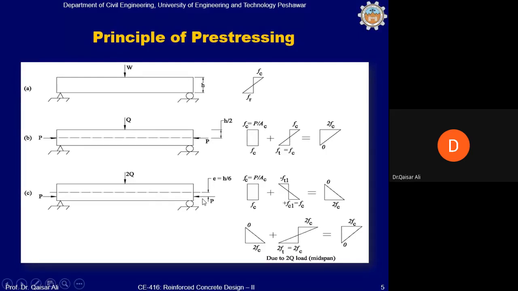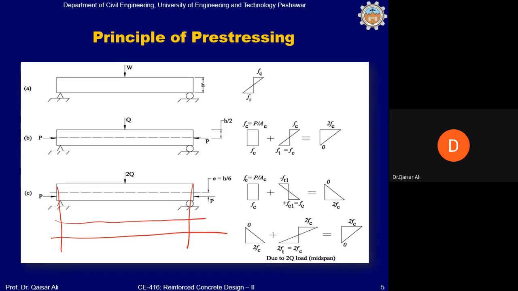So P will produce not only the compressive stress, but also it will produce bending in the upward direction. The beam will slightly bend in the upward direction, and the bending moment value is P times E. P times E is the bending moment, and this bending moment is constant all along the length of the beam because you have P applied everywhere with eccentricity E. So the bending moment will be constant, and the bending moment diagram for P times E can be plotted very easily, and this will be a straight line like this.